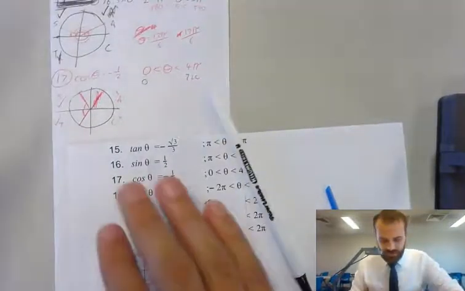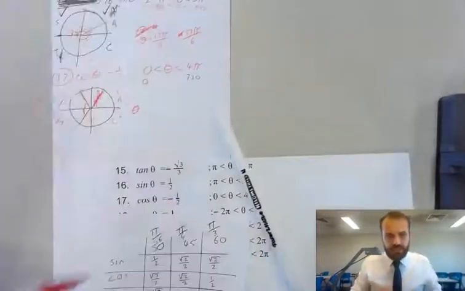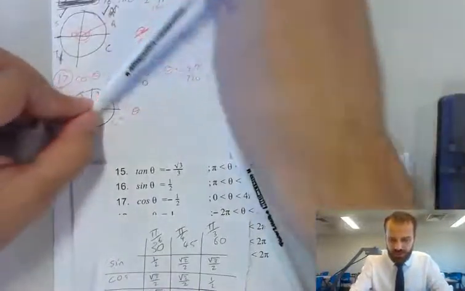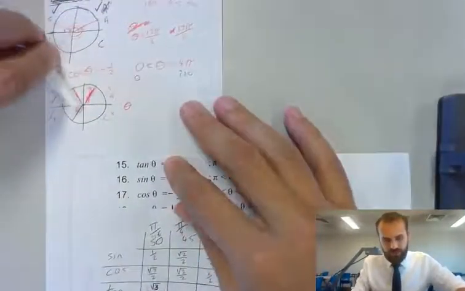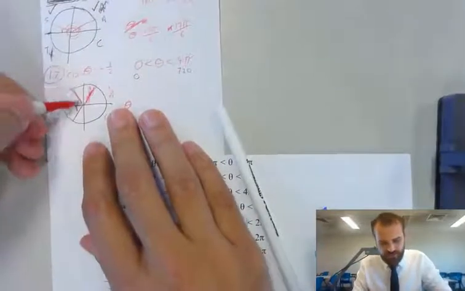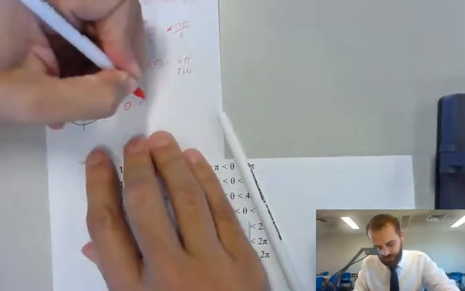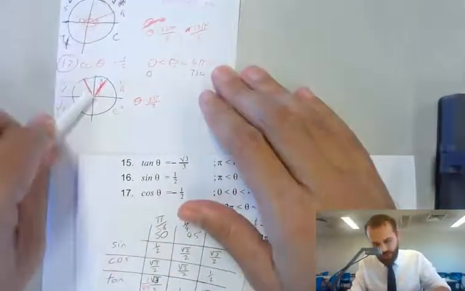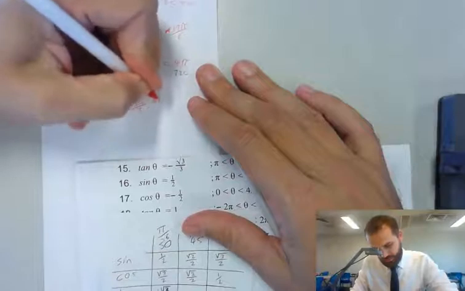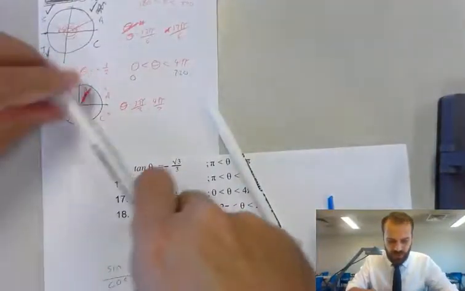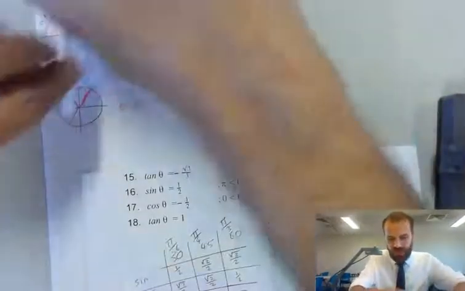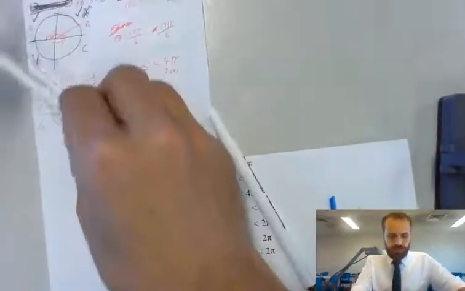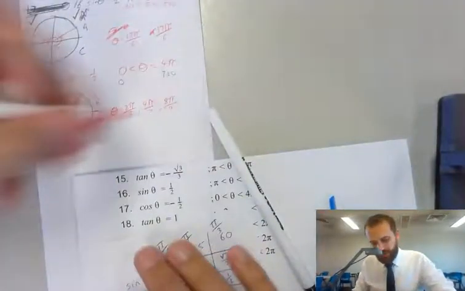Now, let's go through this because there's quite a few answers. 0 to 4 pi. So, pi on 3, 2 pi on 3. There's one of my answers. 2 pi on 3. Pi on 3, 2 pi on 3, 3 pi on 3, 4 pi on 3, 5 pi on 3, 6 pi on 3, 7 pi on 3, 8 pi on 3, 9 pi on 3, 10 pi on 3.